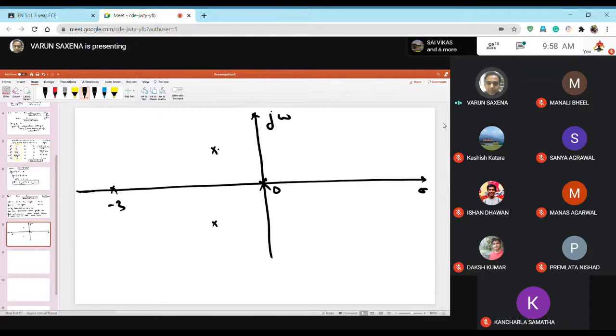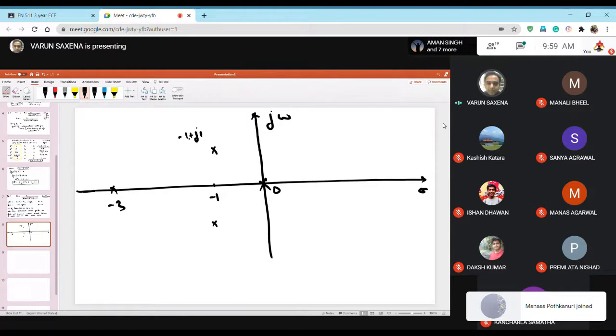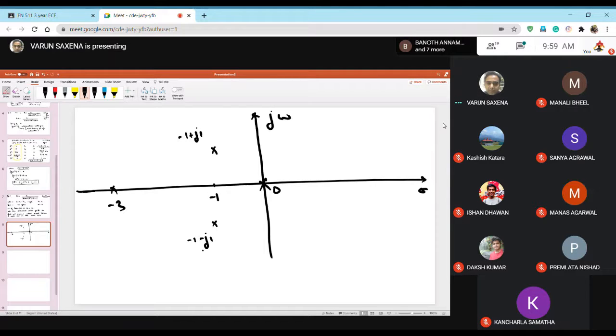So this corresponds to minus 1 plus j1, and this corresponds to minus 1 minus j1. Okay, so this is the diagram.